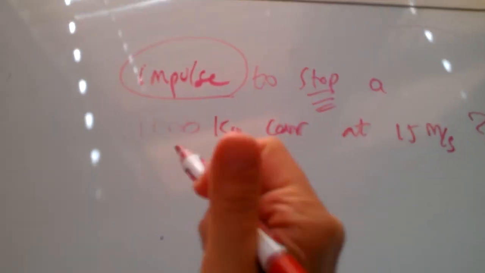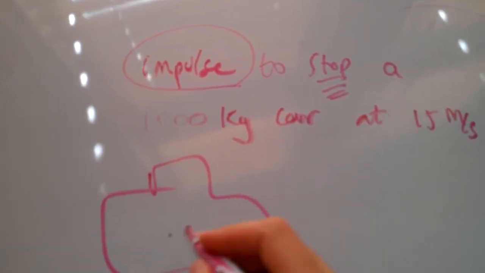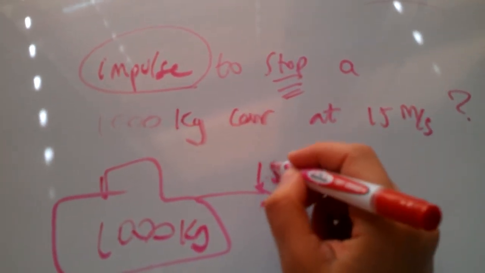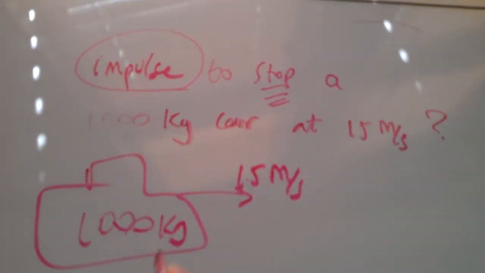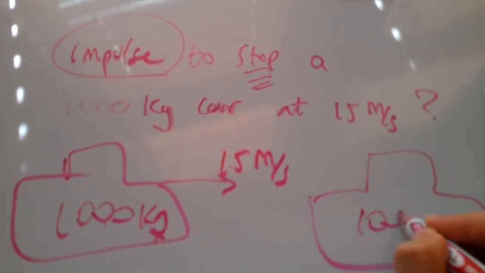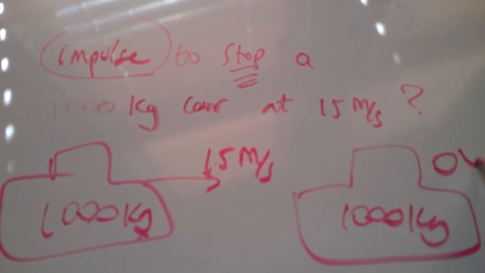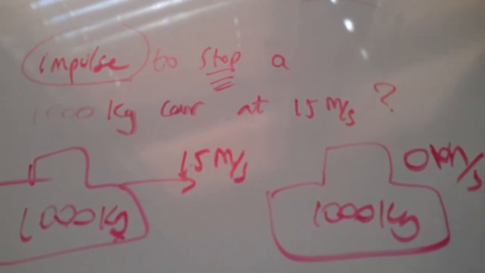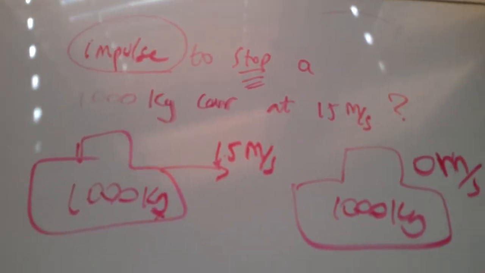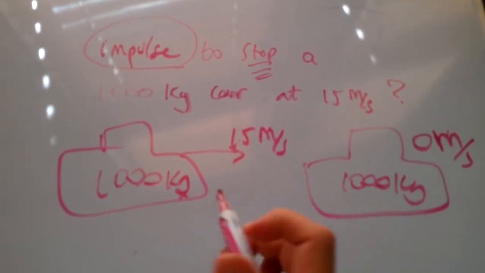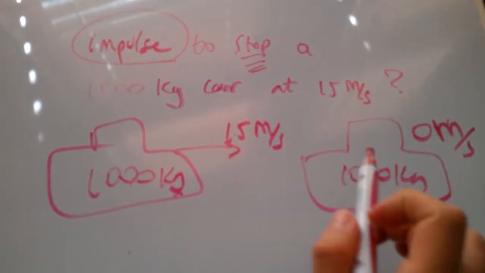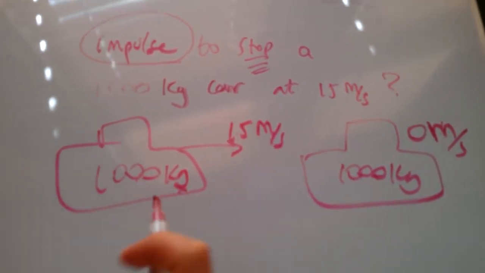So the car, by mass of 1,000 kilograms, is going by 15 meters per second. This car wants to come to a halt, and I want to see what would be the impulse that's needed for stopping the car from moving at 15 meters per second.